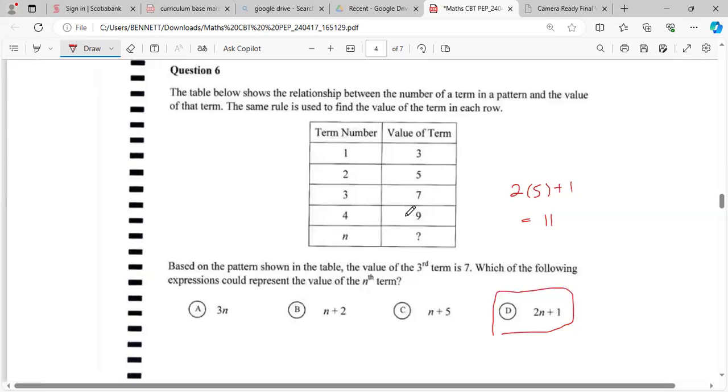Okay. All right. The person that volunteered, I missed the name. Was it Tyler? Yes, sir. What's your answer? Sir, my answer was C, because if we look, it says 1, 3, 2, 5, 3, 7, 4, 9.